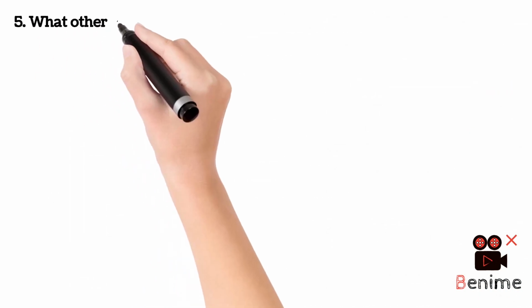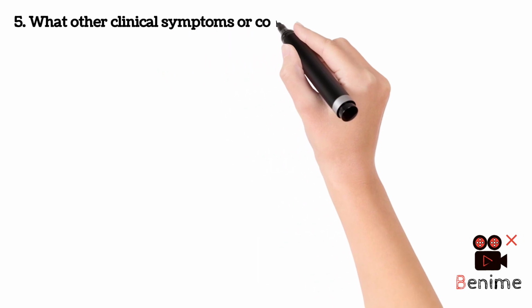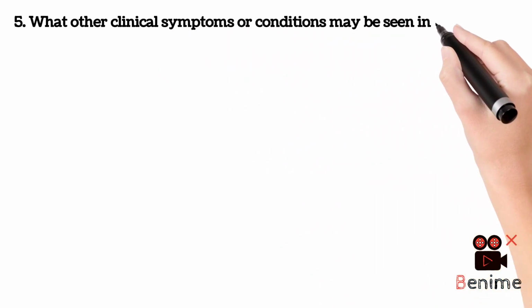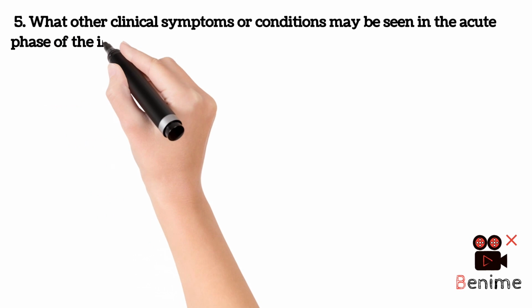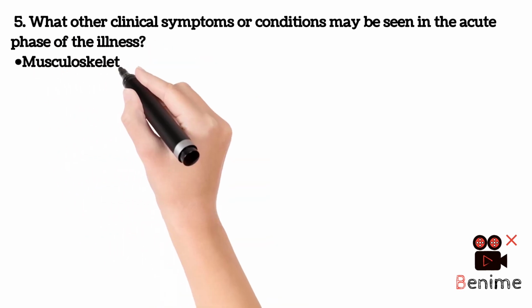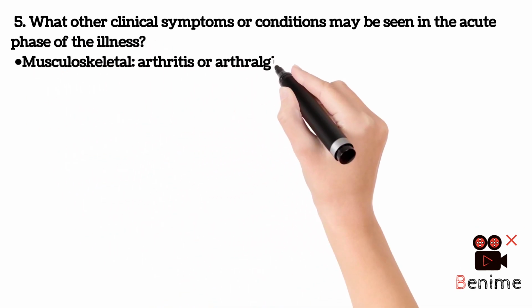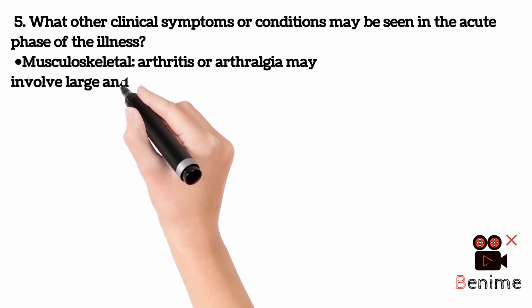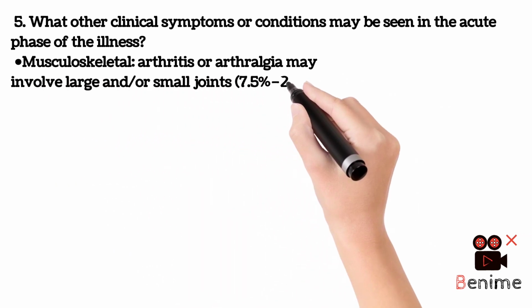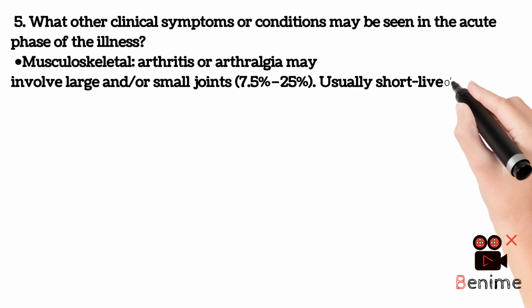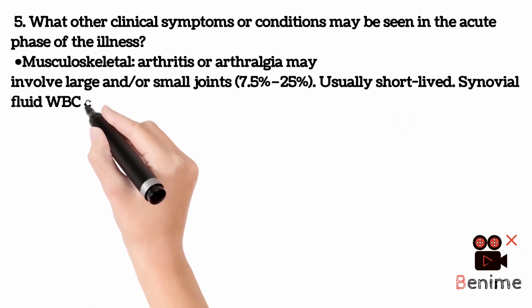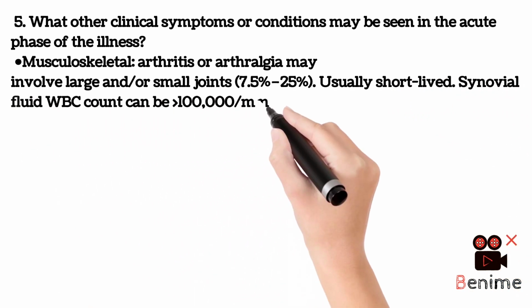What other clinical symptoms or conditions may be seen in the acute phase of the illness? Musculoskeletal: arthritis or arthralgia may involve large and/or small joints, 7.5%-25%, usually short-lived. Synovial fluid WBC count can be greater than 100,000 per mm3.